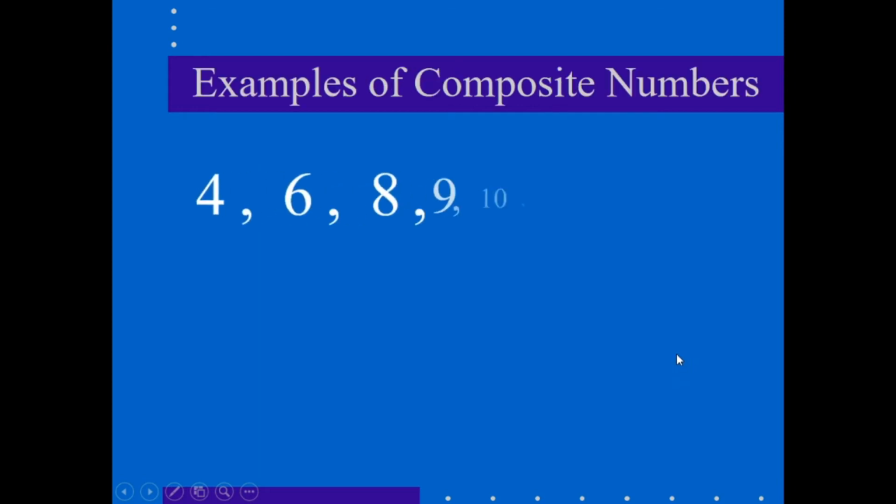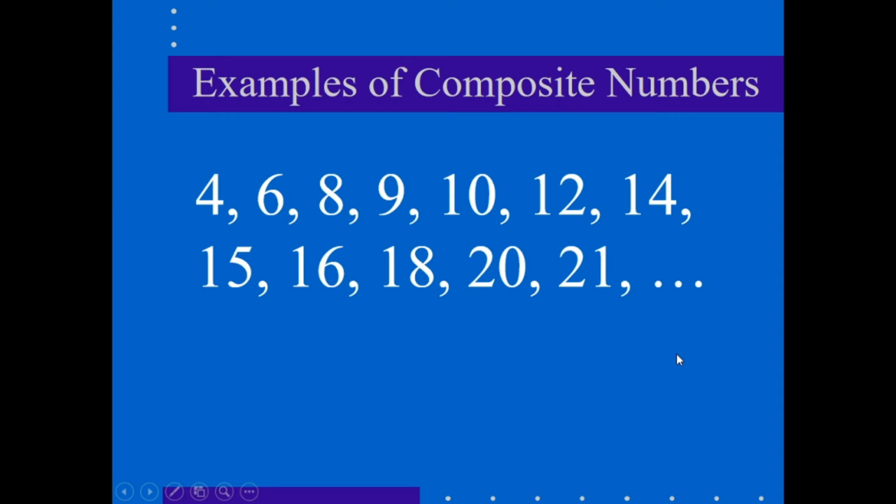More examples, we have 4, 6, 8, 9, 10, 12, 14, 15, 16, 18, 20, and 21, so on and so forth. It is a composite number if it has more than two factors. 1 is special.